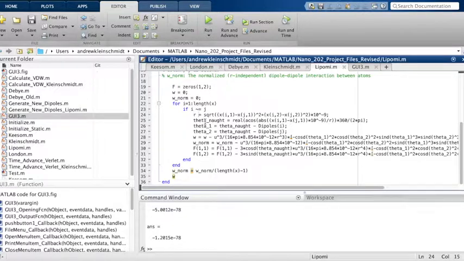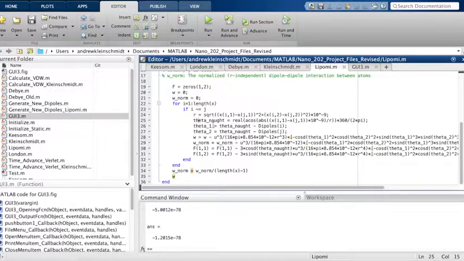You're going to find a theta naught, so that's going to be relative again to the x-axis. What the angle between those two positions are. So be careful here. You've got this conversion term because you need to convert everything into degrees.